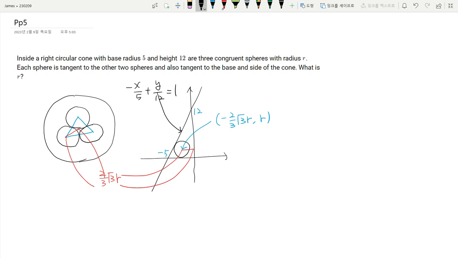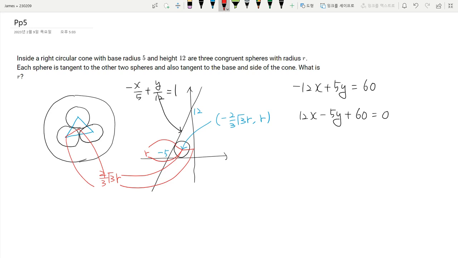So if we make the standard form of this equation, and then we want to find this distance from the center to the line. This distance is also r, the radius of the sphere.